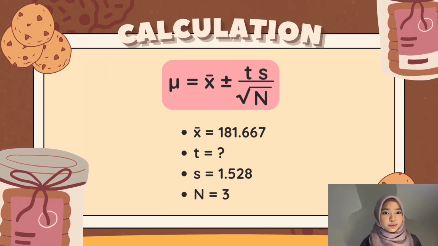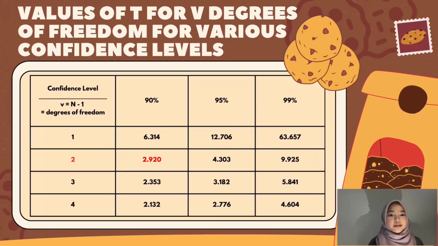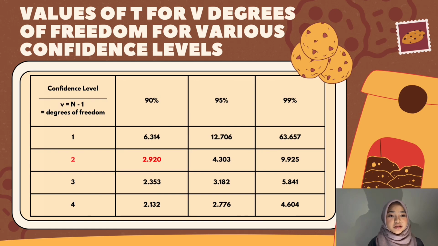From this formula, we already know the mean value, the standard deviation value, and the number of samples, but we don't know the statistical factor value. So, let's take a look at the table. This is the values of statistical factor for V degrees of freedom for various confidence levels.